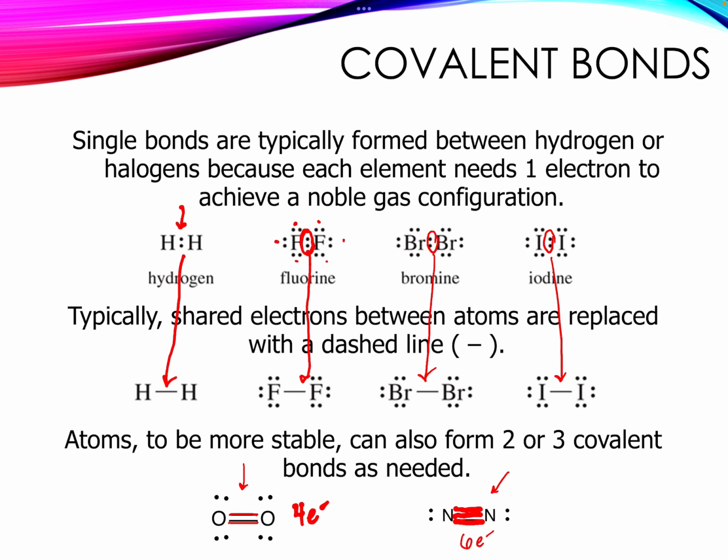But if you look, this oxygen has 2, 4, 6, 8, and this oxygen has 2, 4, 6, 8. Or the nitrogen has 2, 4, 6, 8, and 2, 4, 6, 8. So no matter whether they're forming double bonds or triple bonds, they're still going to try and follow this octet rule.